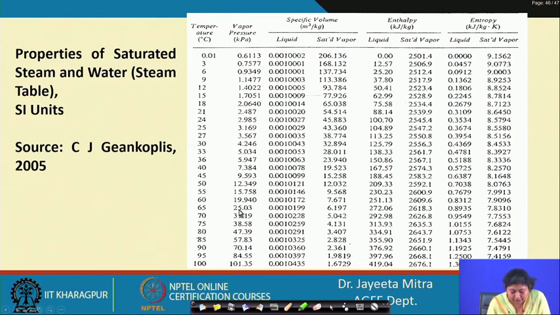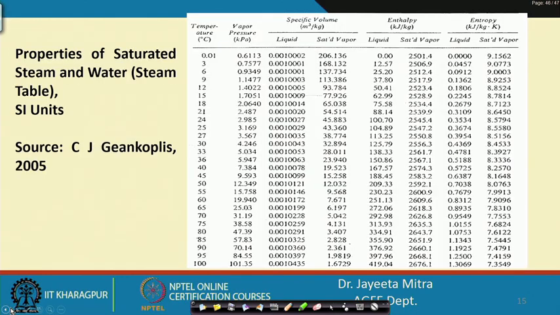For 25.03, the temperature is 65, and for 31.19 the boiling point is 70.